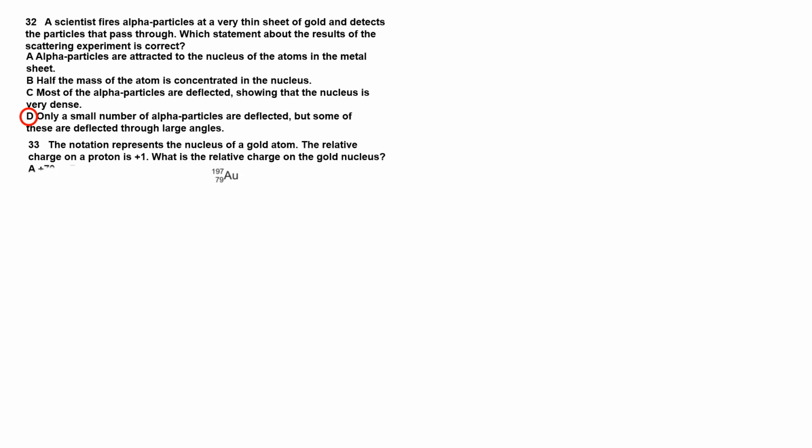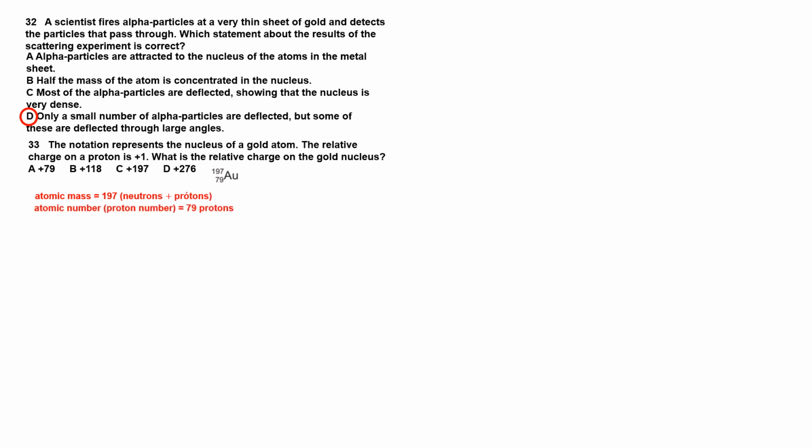Question 33. The notation represents the nucleus of a gold atom. The relative charge on a proton is +1. What is the relative charge on the gold nucleus? In atomic notation, the atomic mass is on the top left of the elemental symbol, and the atomic number is on the bottom left.